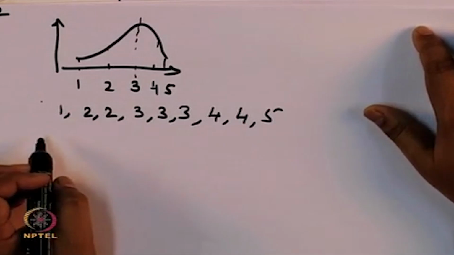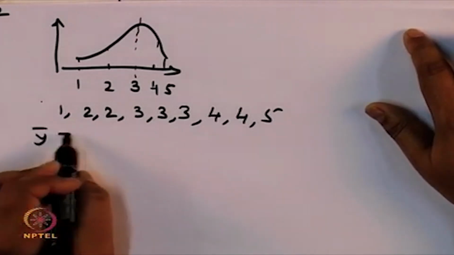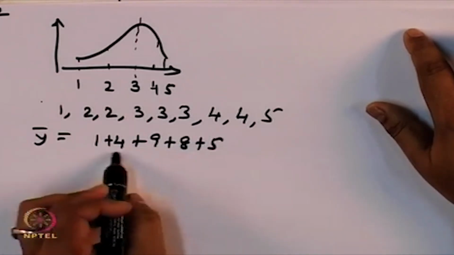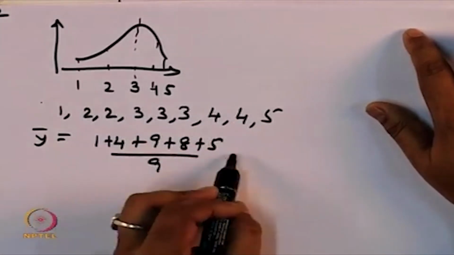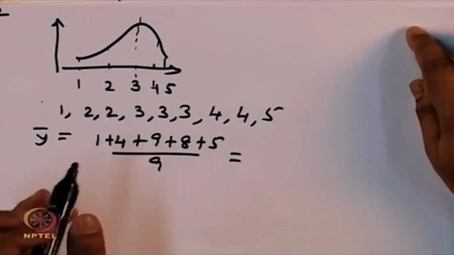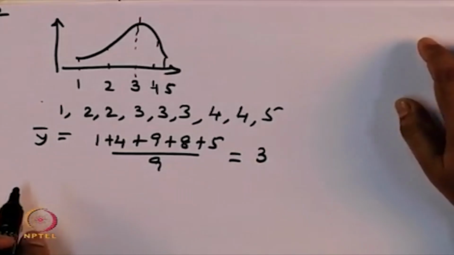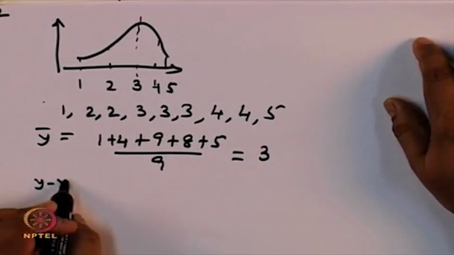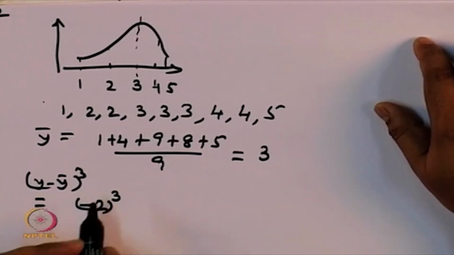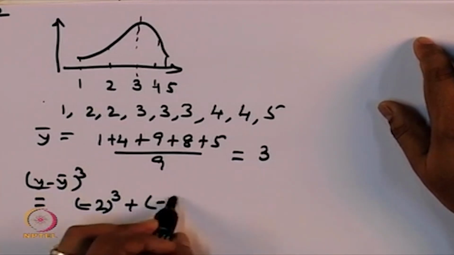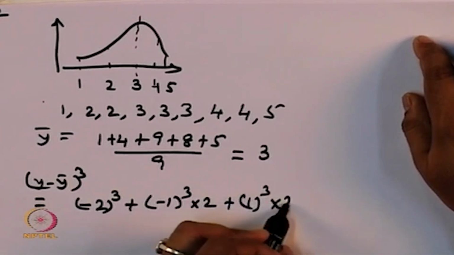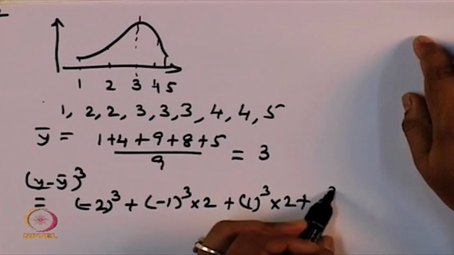Let us calculate the mean. y bar is going to be 1 plus 4 plus 9 plus 8 plus 5, divided by 9 numbers, which is 27 by 9, so y bar is nothing but 3. Now y minus y bar whole cubed gives minus 2 whole cubed, plus minus 1 whole cubed into 2, plus 1 whole cubed into 2, plus 2 cubed.